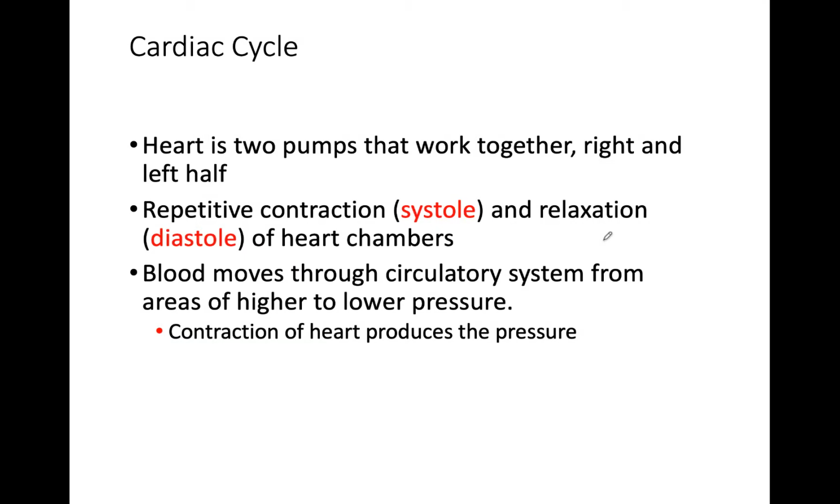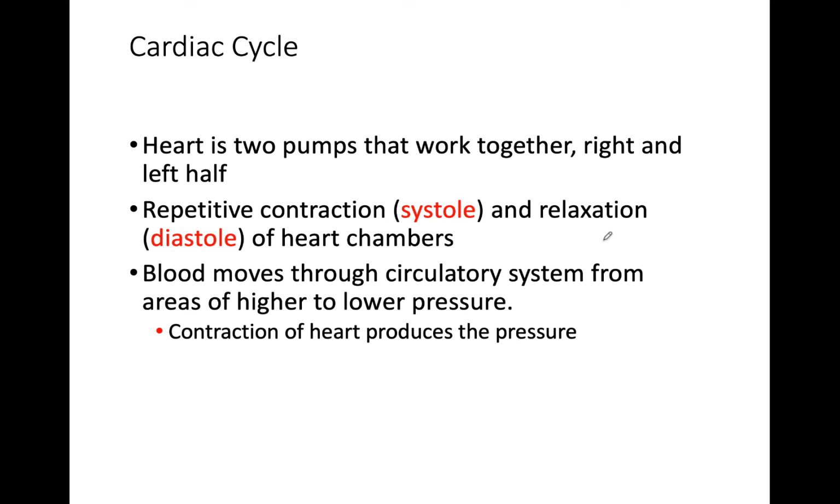Now the cardiac cycle, because it has atria and ventricles, we consider a two-pump cycle. We have the right side atrium and ventricle and the left side atrium and ventricle. The right atrium and ventricle is one pump, pumping blood towards the lungs. The left side is the part of the heart pumping blood towards the systemic circuit.